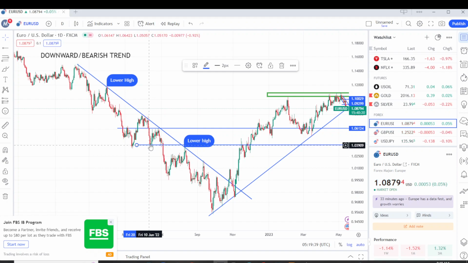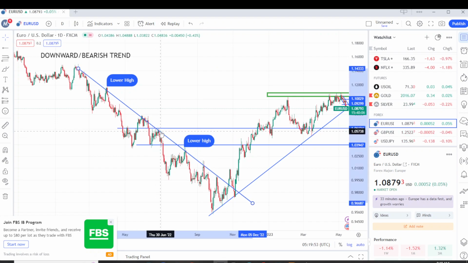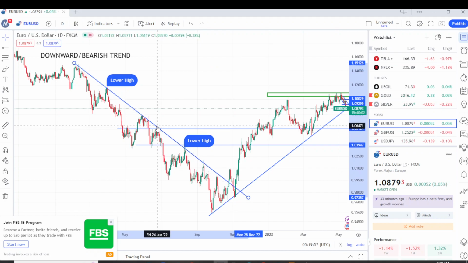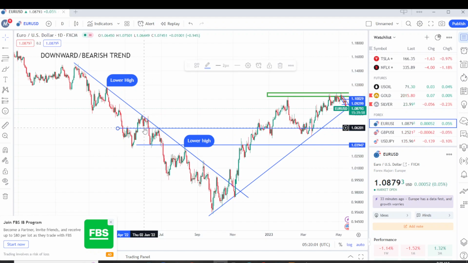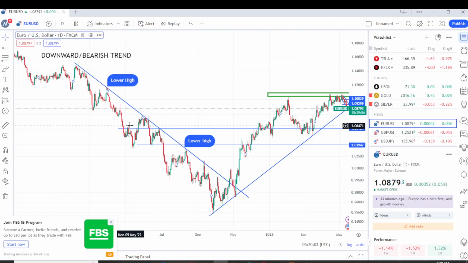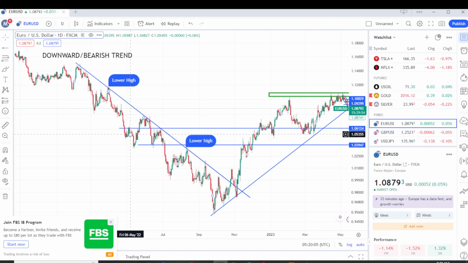Then the price will retrace back up to this trend line again. And after retracing, if price again is rejected or bounces on this trend line, then you will enter another position here. Sorry, I'm moving the trend line instead of this line.